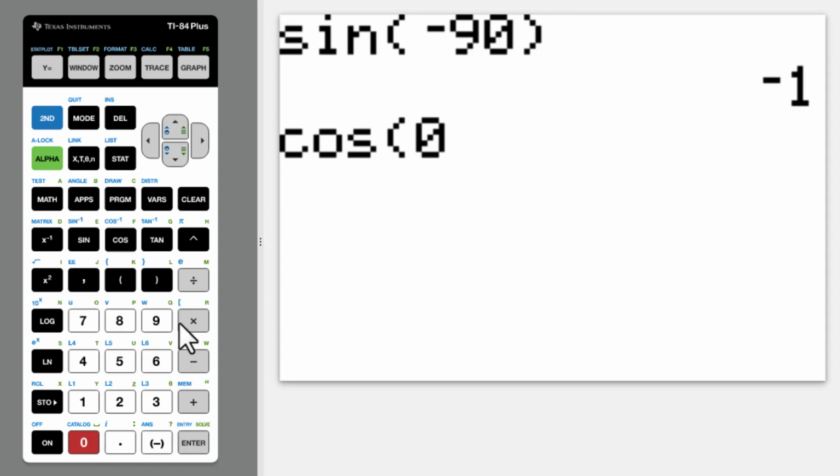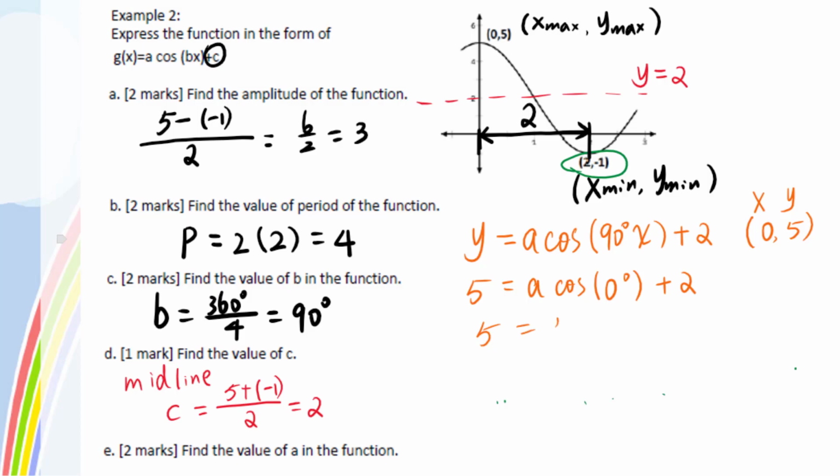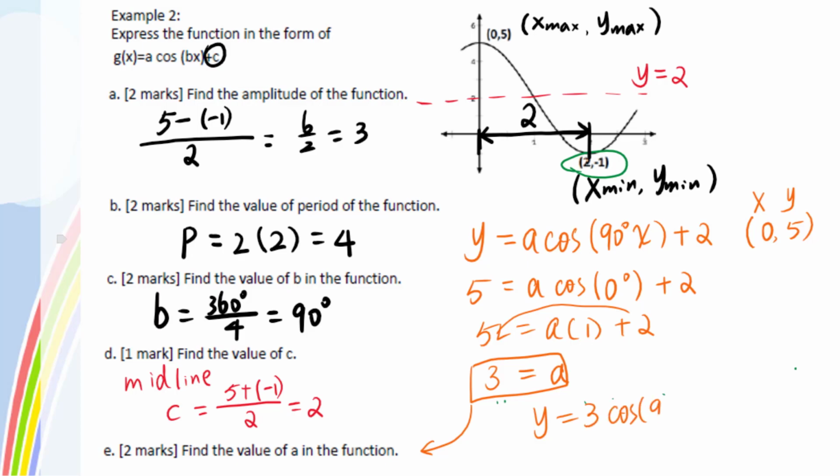Cosine 0 is 1. 5 equals A times 1 plus 2. Both sides minus 2. 5 minus 2 is 3 equals A. This time, A is positive. So the function we are looking for is y equals 3 cosine 90 degree x plus 2.